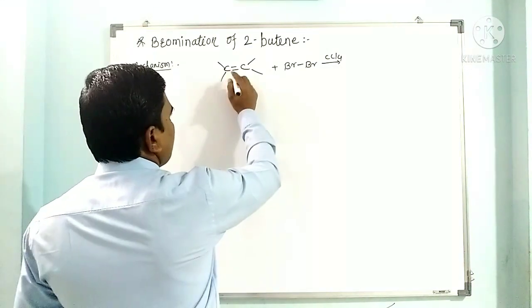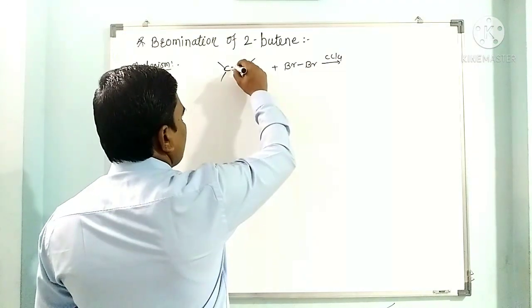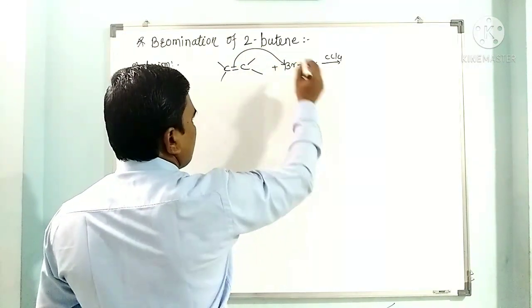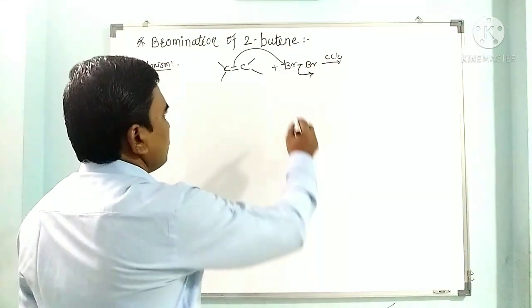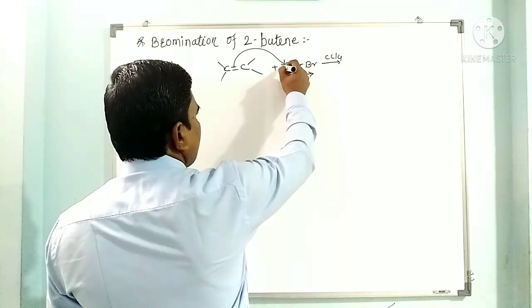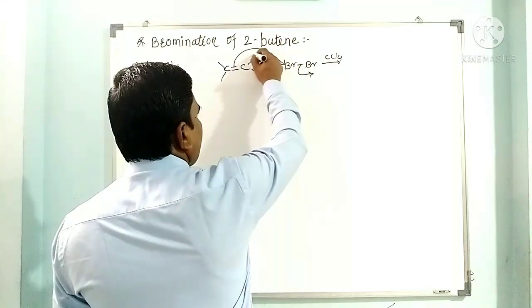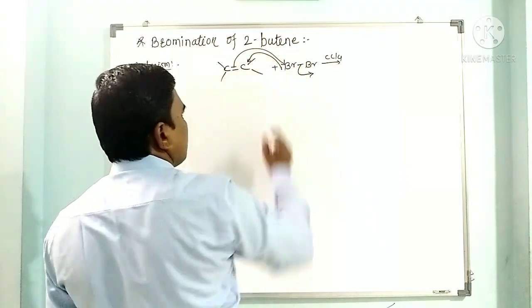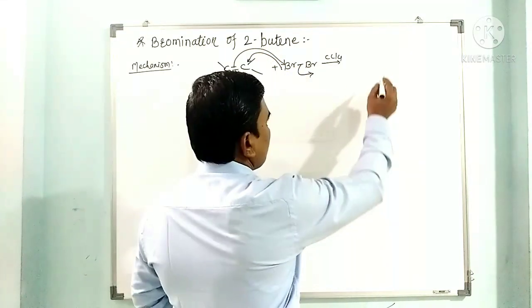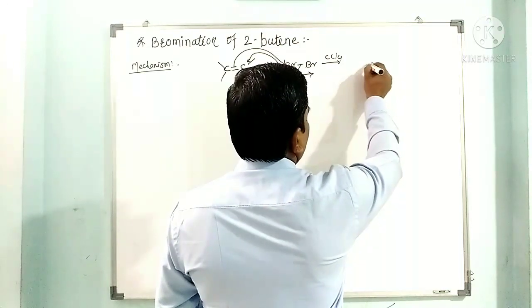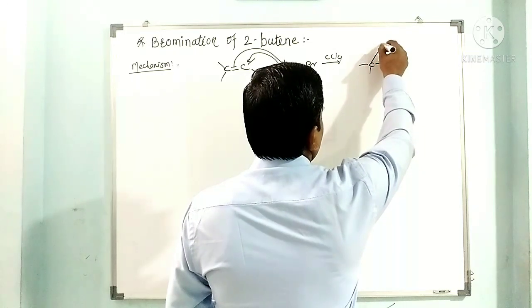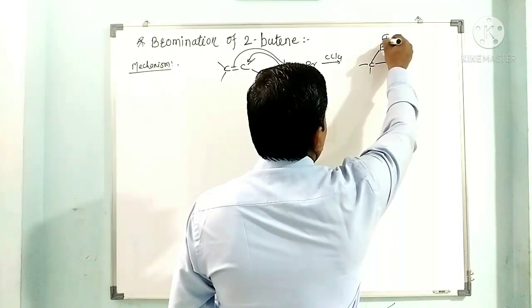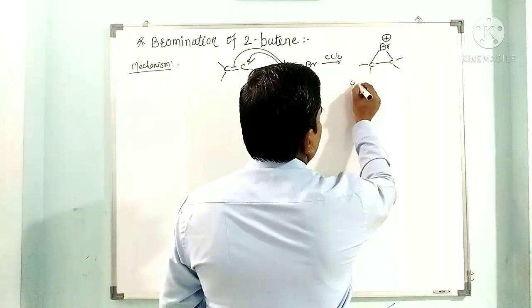So what happens? This pi electron pair attacks on bromine and this bromide is detached, and the lone pair of this bromine attacks on the other carbon and we get a cyclic bromonium ion. This is the cyclic bromonium ion.